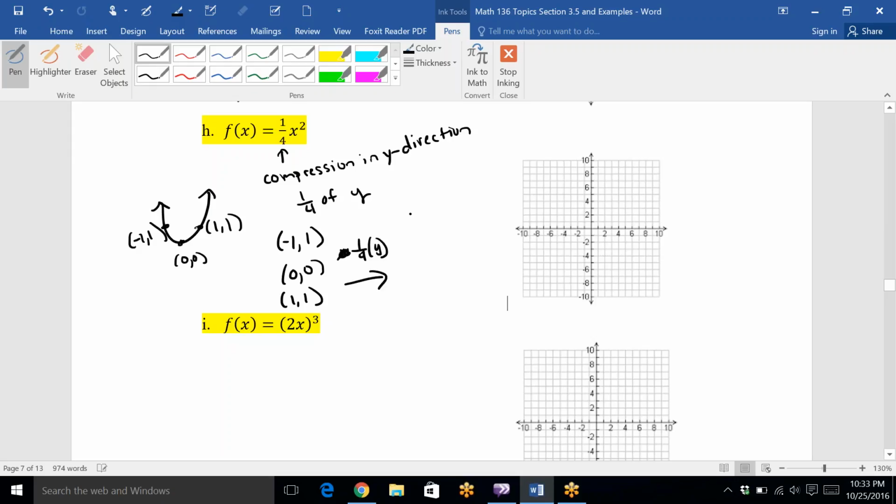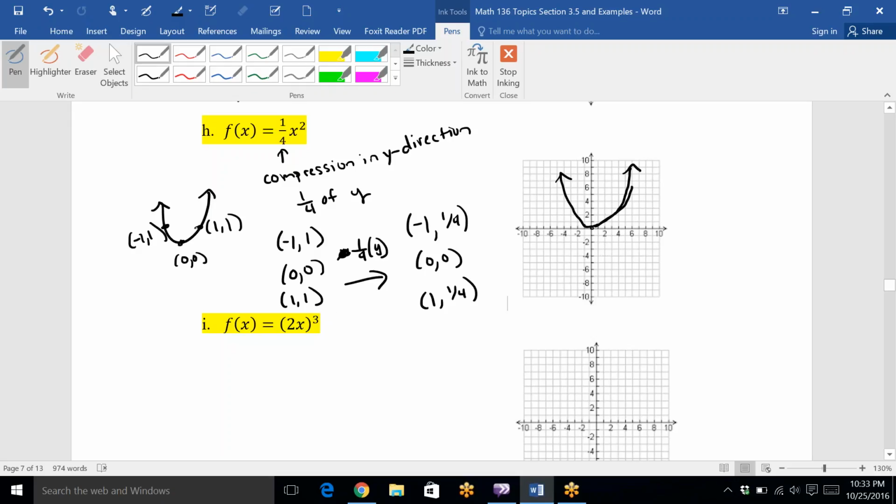So this would be (-1, 1/4), (0, 0), and (1, 1/4). Notice this is a wider parabola than what we had before.